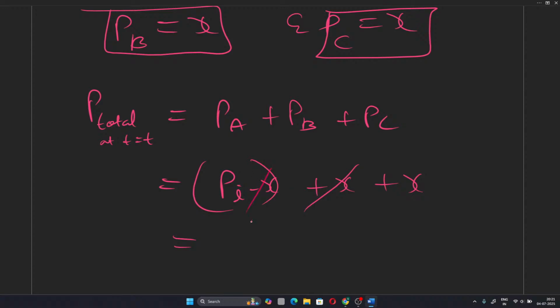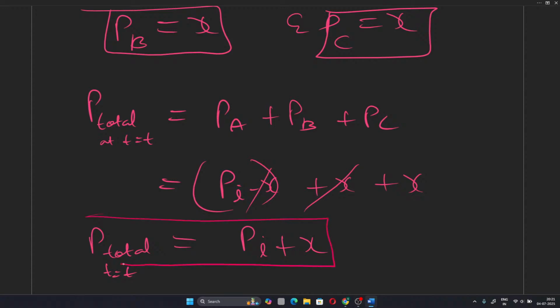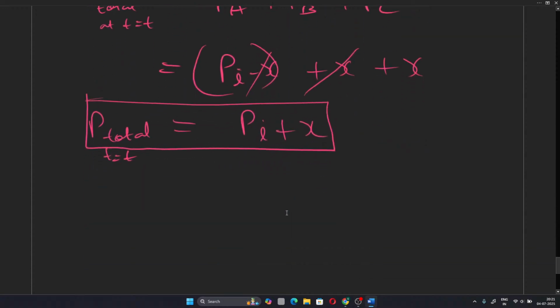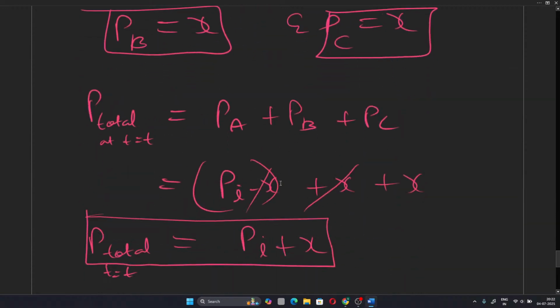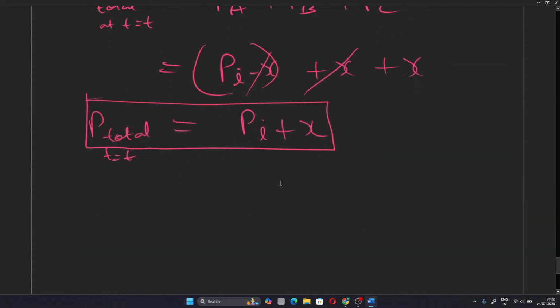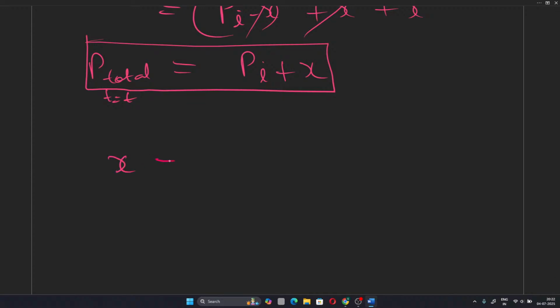Now this x cancelled. Now P total at t equals Pi plus x. Fine. Then x we can find out. x equals P total at time t minus P initial.